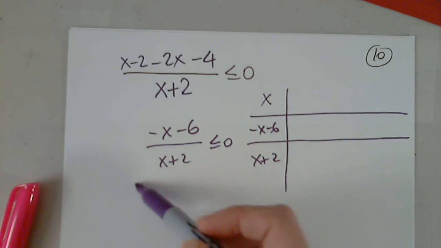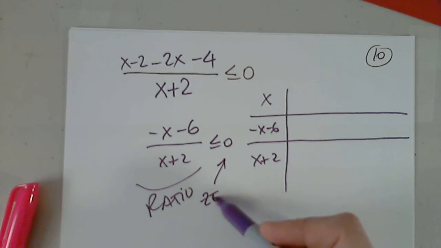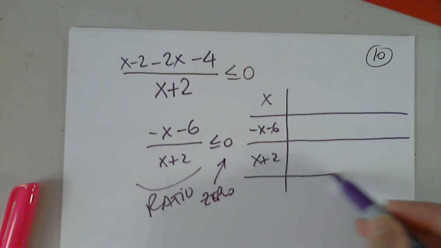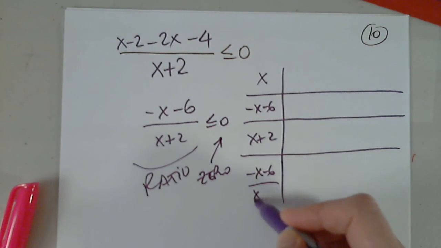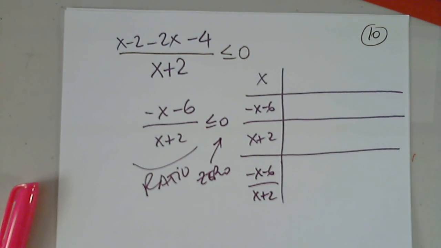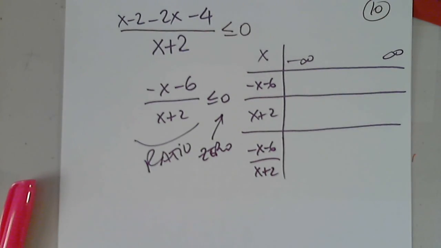Now I can use the table because this is a ratio, and this is 0. The ratio is negative x minus 6 over x plus 2. X is the variable in the problem. Now let's see what numbers we get at the top to put in there.